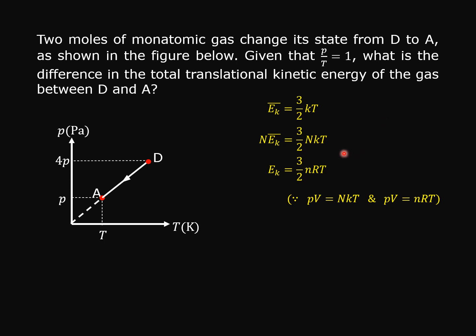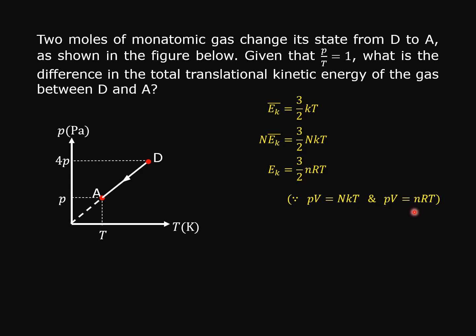But now we try to express this in terms of small n so that we can directly substitute the number of moles by 2. To change capital N into small n, we apply the equation of state, because we know the equation of state for the ideal gas is PV equal to NkT.